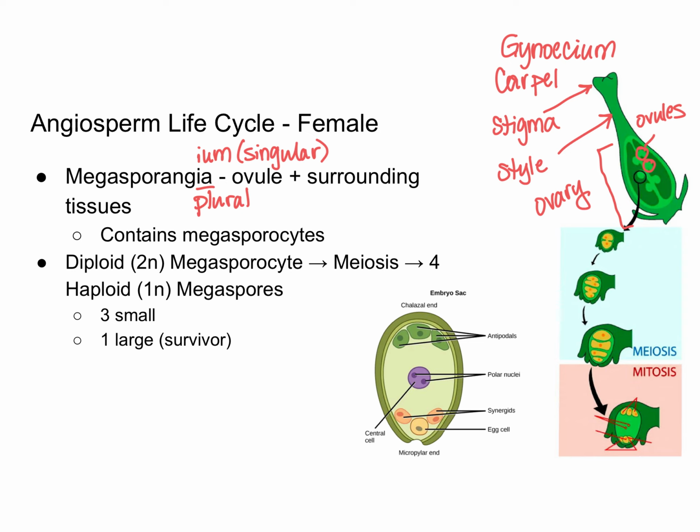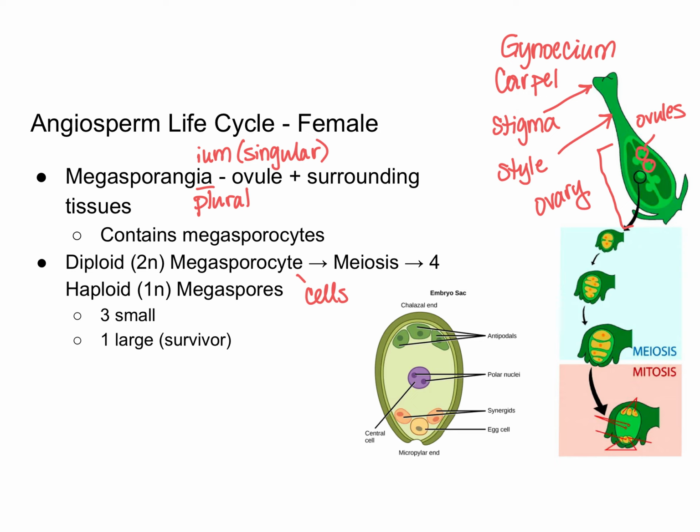Within these ovules, there are megasporocytes, and these cells are diploid. And these cells are ultimately going to go through meiosis in order to form haploid megaspores. And some of these megaspores are going to develop into the female gamete, which is the egg.